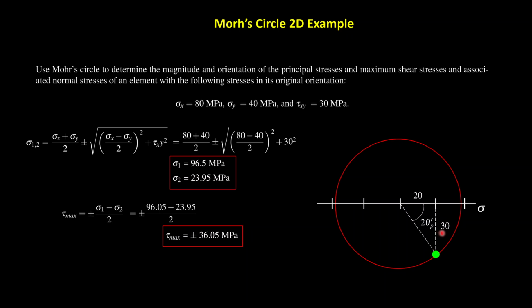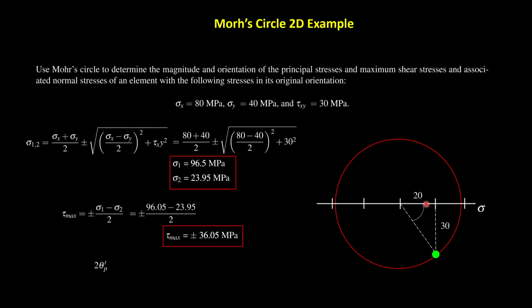These two values are going to allow me to calculate this 2 theta p prime, which was also stated in the derivation of our formulas. This is how much I need to orient my element to get the principal stresses.